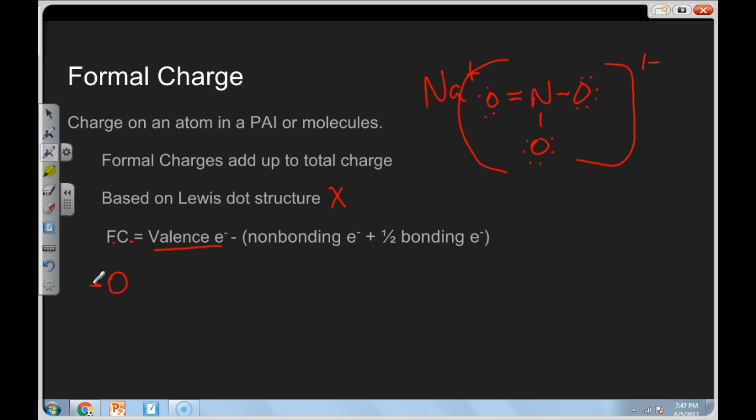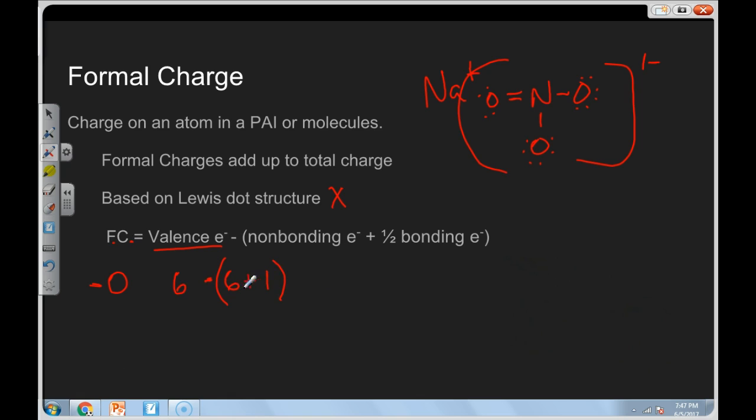So I'll put, single bonded oxygen. The formal charge: the number of valence electrons in oxygen is 6, minus 6 non-bonding electrons, plus, well, there are 2 bonding electrons because a single bond has 2 bonding electrons, and half of that is 1.